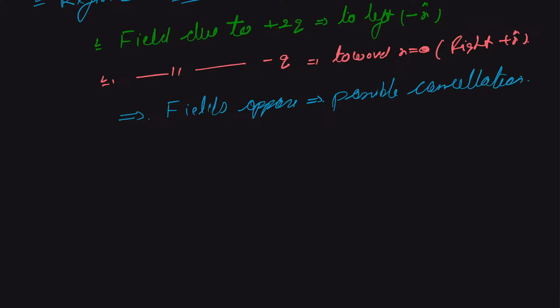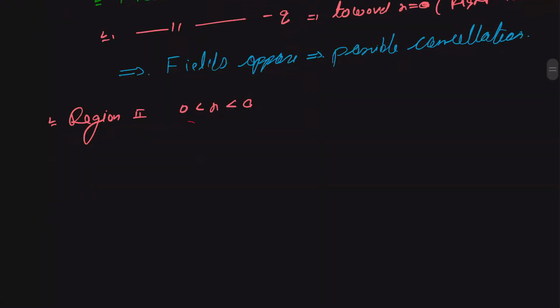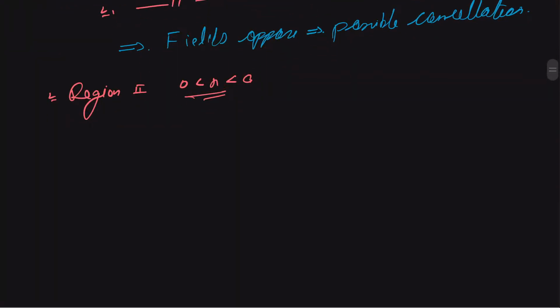Then we come to our region 2, where x is less than a but greater than 0. In region 2 the electric field direction is toward the right for both, so there is no possibility of cancellation.